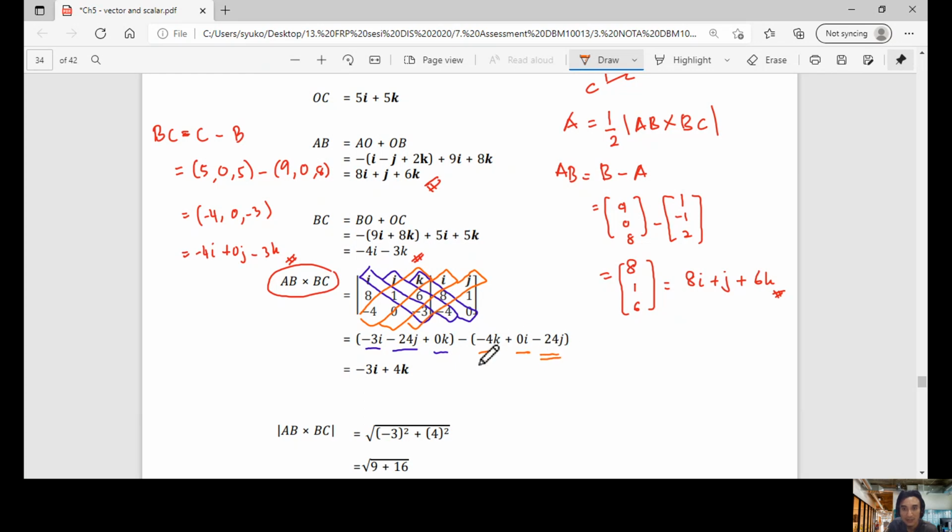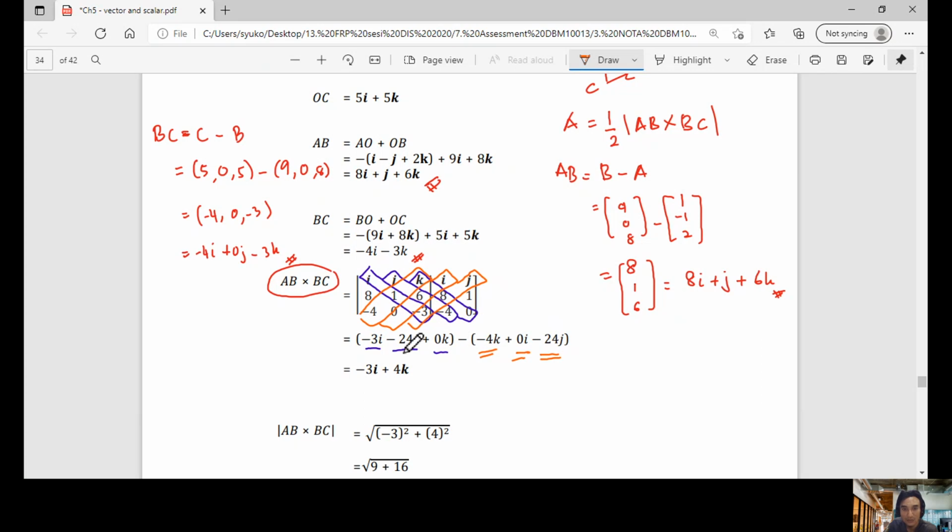Okay, and then we must put the variable of the vector followed by the direction of the value in the matrix form. For example, negative 4 times 1 times k, right? Okay, negative 4k. 0 times 6i, 0i, and then negative 3 times 8, negative 24j.